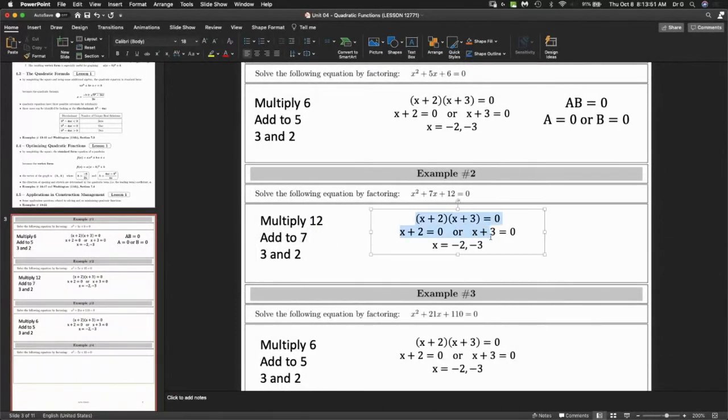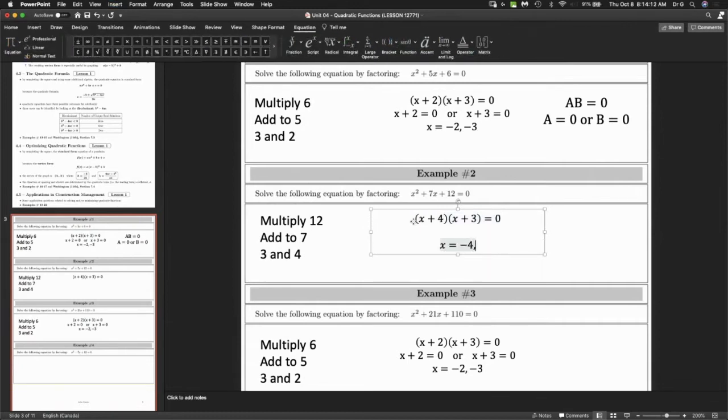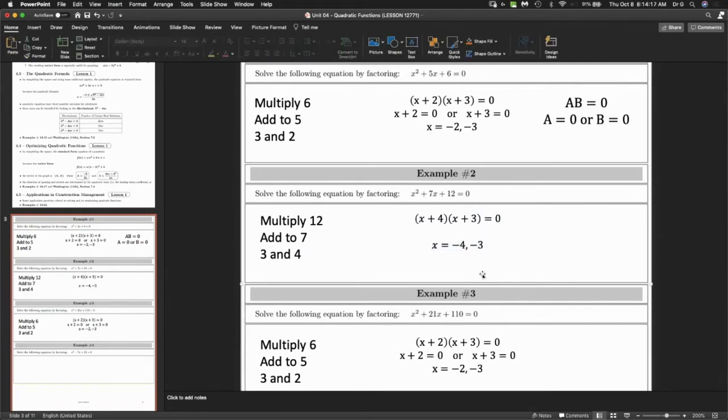So what numbers do that? 4 and 3. So you get x plus 4 and x plus 3. So you get -4 and -3.